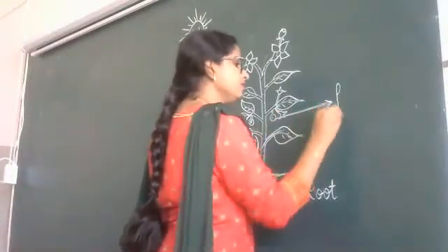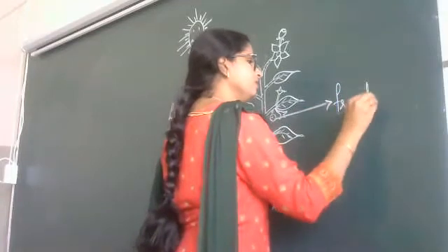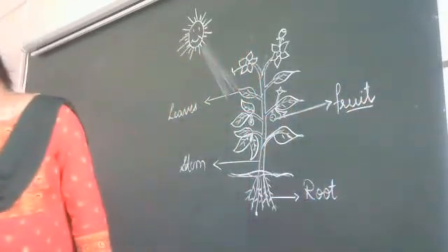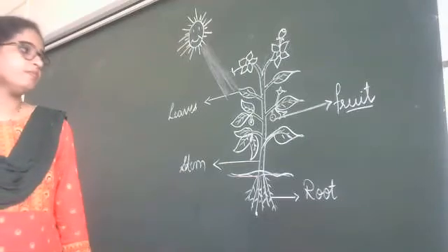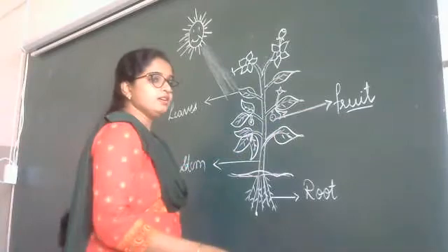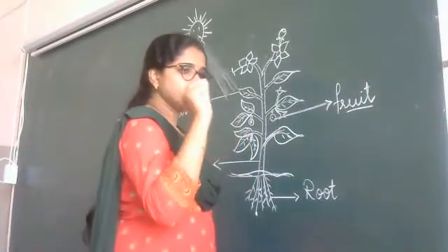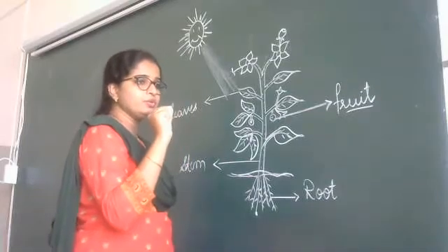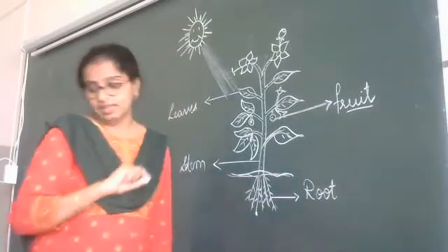What is it? Fruit. Yes, a fruit contains seeds. सभी फ्रूट्स के अंदर हमें कुछ तो देखने के लिए मिलता है. What is that? We find something inside the fruit. What is that? Seeds. Yes.